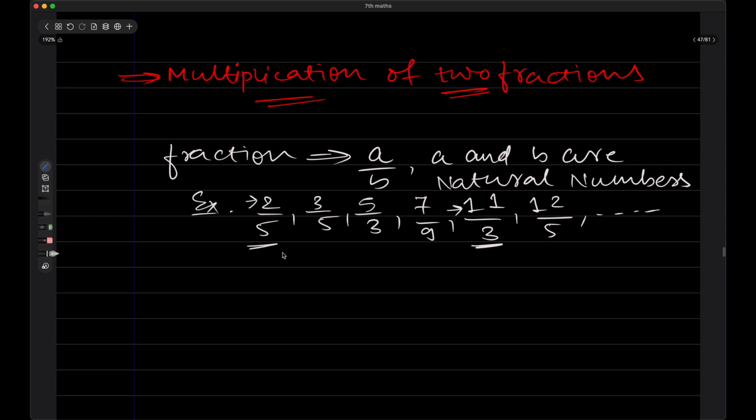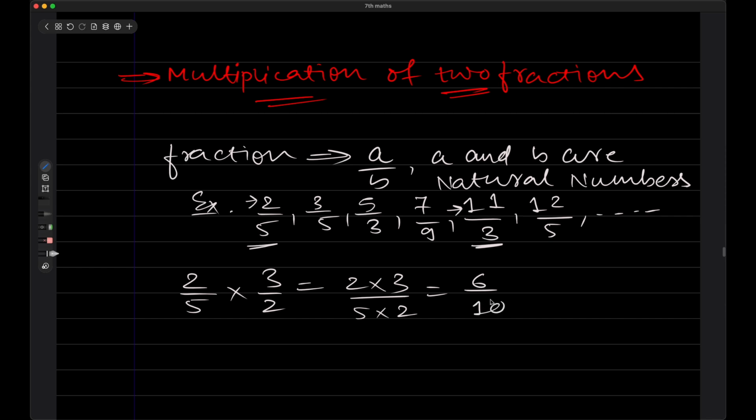Now, multiplication of two fractions we have already covered. If we multiply 2 by 5 into 3 by 2, that is equal to the product of numerators, 2 into 3, and the product of denominators, 5 into 2, that is 6 by 10, and if we further reduce, that is equal to 3 divided by 5.